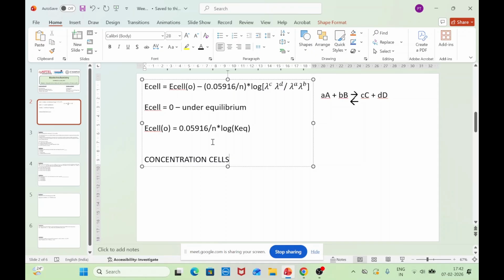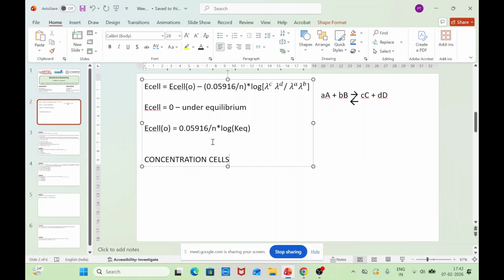Here the only thing that we need to remember is that, unlike in the case of the Daniel cell and all the other types of galvanic cell that we have seen so far, where the electrodes are different and the electrolytes are different, or at least one of them is different, in the case of concentration cells the electrodes that we are going to use to make these electrochemical cells are going to be the same. The electrolytes that we are going to use are also going to be the same.